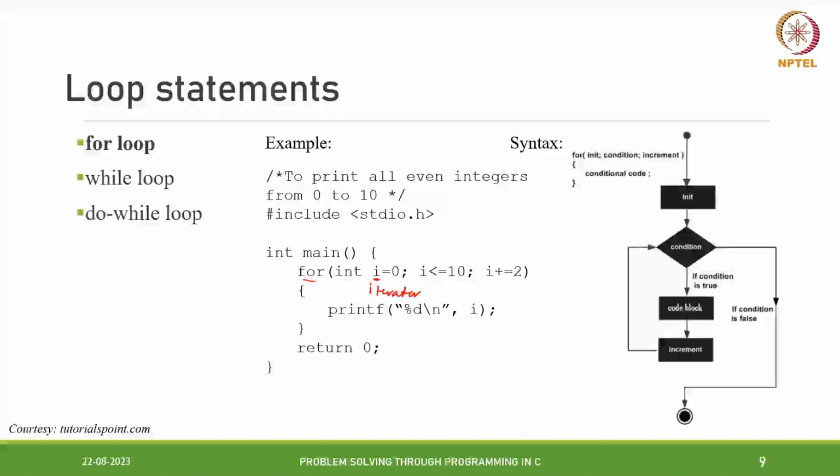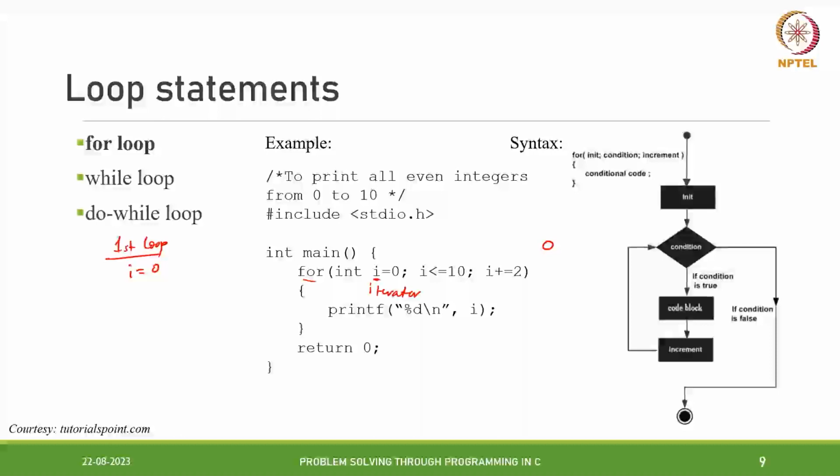So here I initialize the iterator i, which is an integer, to 0. That is where I start. For the first loop, i equals 0, and it will print i, so it prints 0 and then a new line.